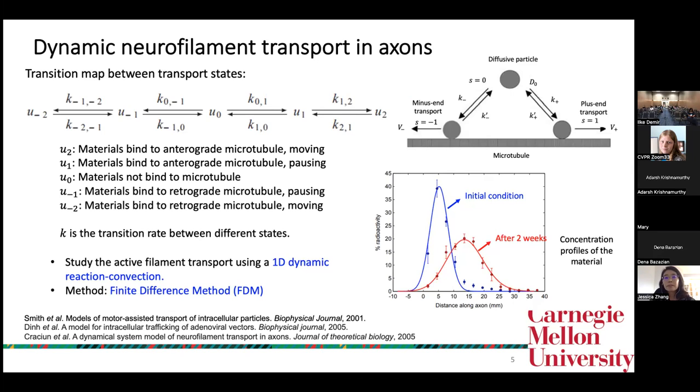U1 and U2 represent the organelles attached to the microtubules, but one is in the pausing state and one is in the moving state. U-1 and U-2 are in the opposite directions. When we have the initial condition, by solving this 1D dynamic reaction convection problem, we can compute after 2 weeks what the concentration profile looks like.